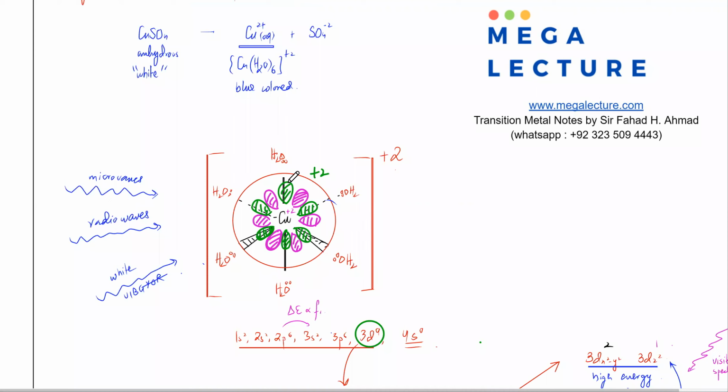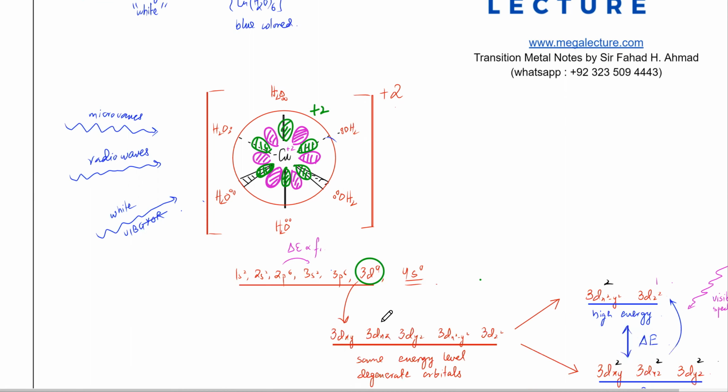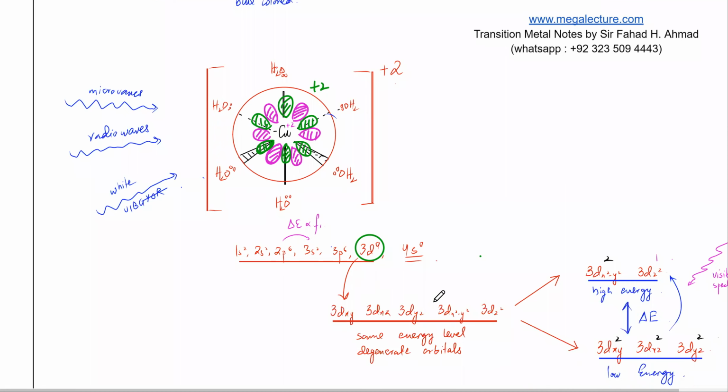The outer shell is different. Every transition metal has a bunch of electrons in the d subshell, distributed among the 5 d orbitals, with electron density between the axis and on the axis. The d subshells are considered degenerate, which means they all have the same energy level.